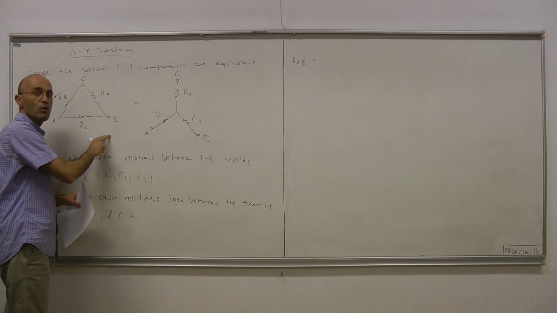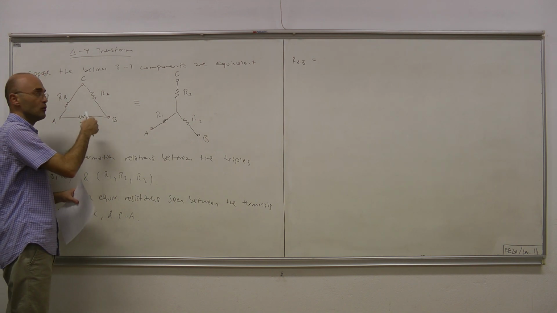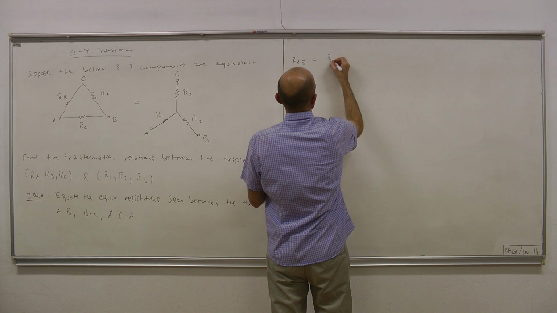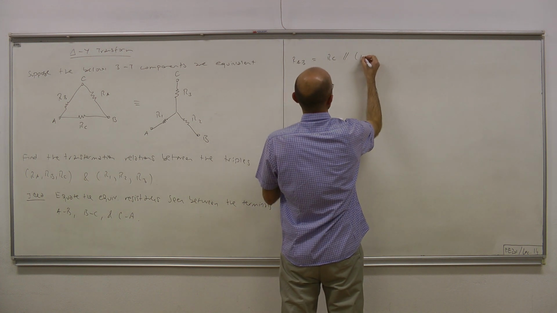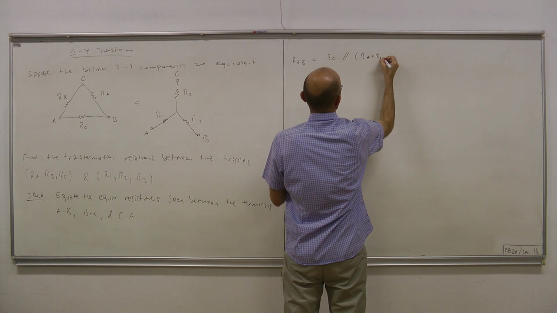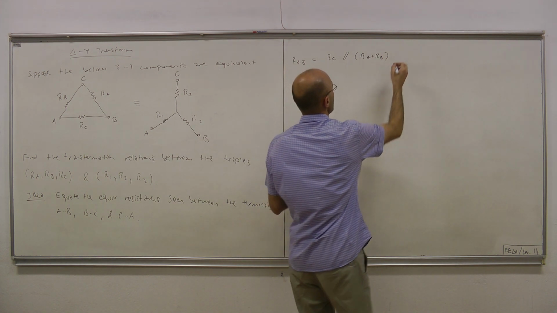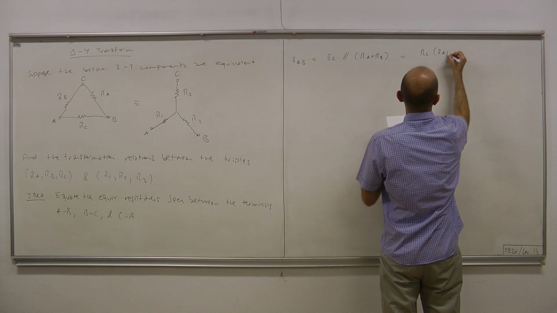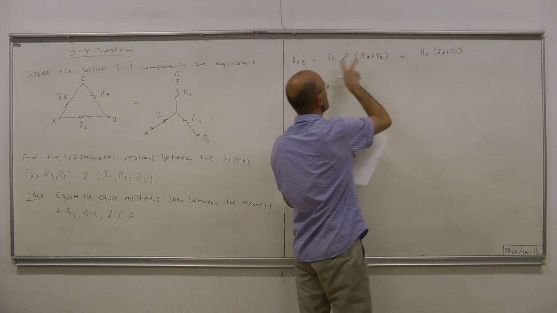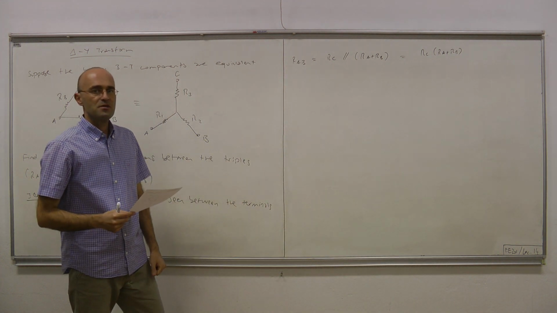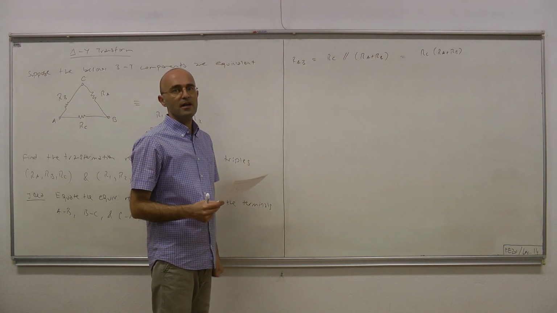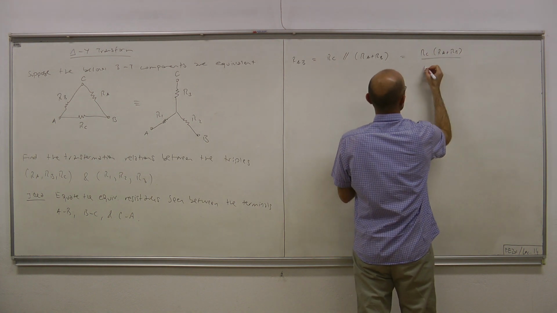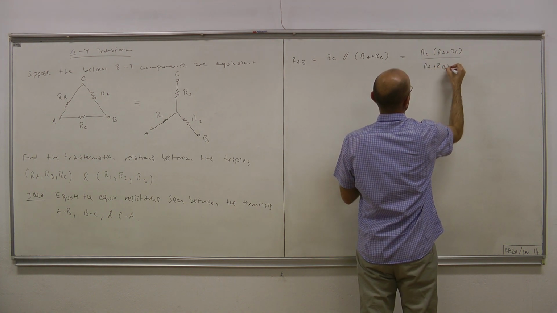Therefore, the overall resistance is RC in parallel with RA plus RB. When we have two resistors in parallel, the equivalent resistance is the product divided by the sum. The product is RC times (RA plus RB) over the sum, which is RA plus RB plus RC.